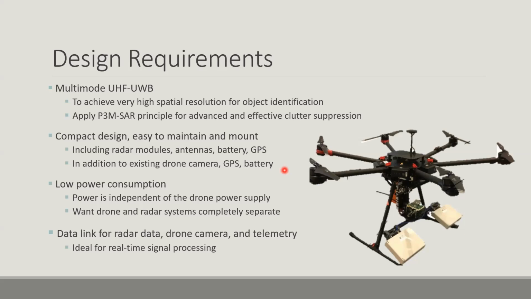The battery and the GPS will be independent from one another on the drone, and this is for testing purposes so that we can test our system in the end without putting it on the drone first. And finally, they need a data link for the radar data, the drone camera for real-time processing, and this is for our proper 3D image processing in the end, or 2D.